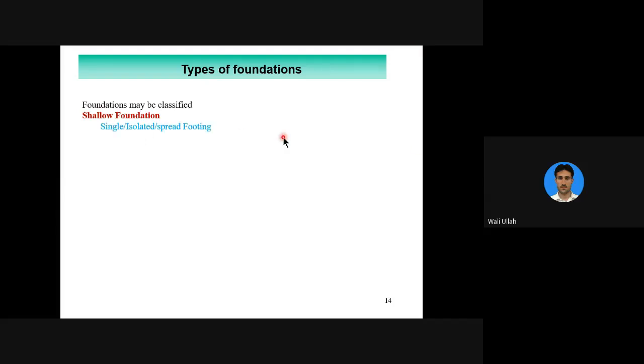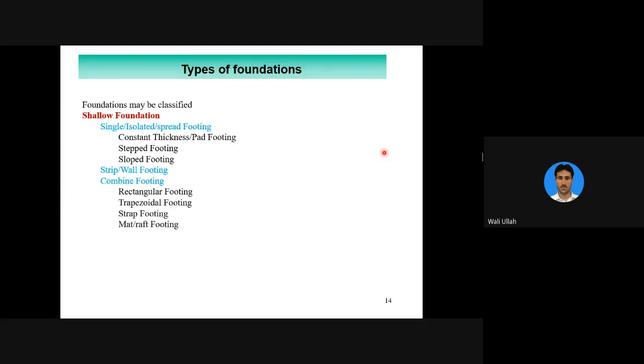Shallow foundation has types like single, isolated, and spread footing. And we have strip and wall footing. We have combined footing. It has further types like rectangular footing, trapezoidal footing, strap footing.